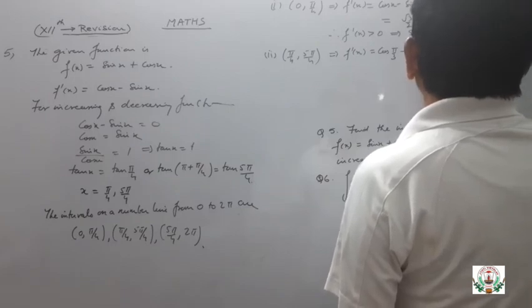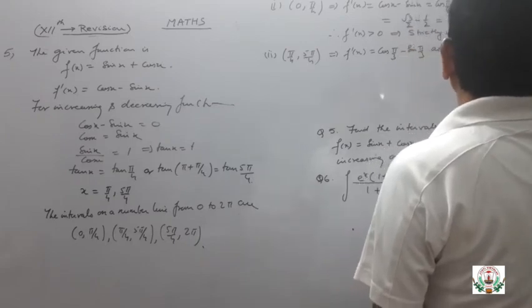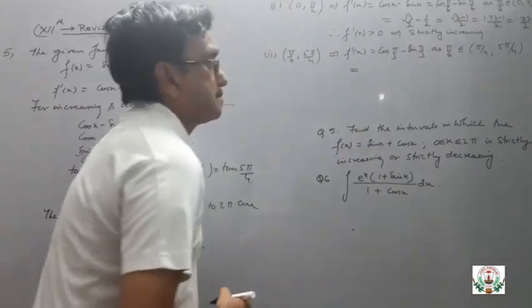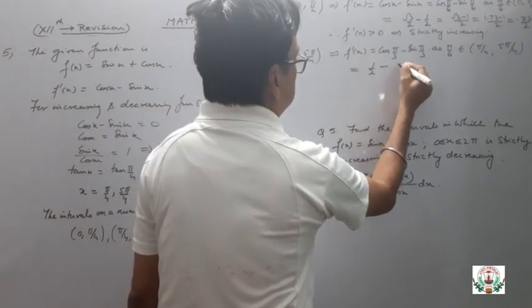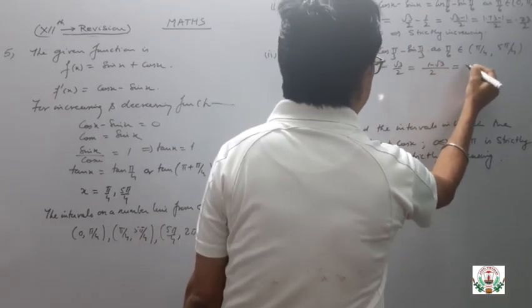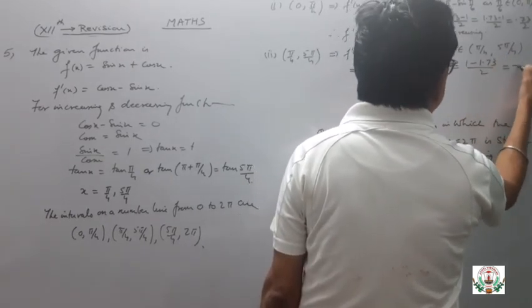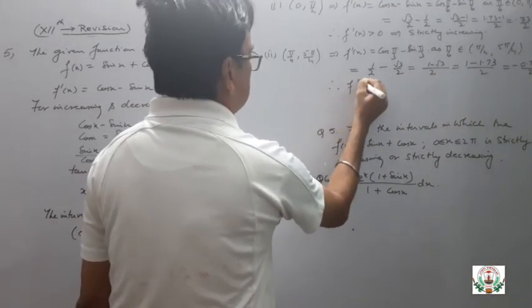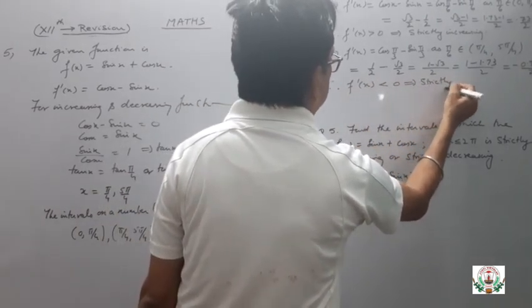Cos 60 degrees is 1 by 2 and sin pi by 3 is root 3 by 2. So 1 minus root 3, 1 minus 1.73 by 2, equals minus 0.73 by 2, which is less than 0. So f dash x is less than 0, and in this interval the function is strictly decreasing.